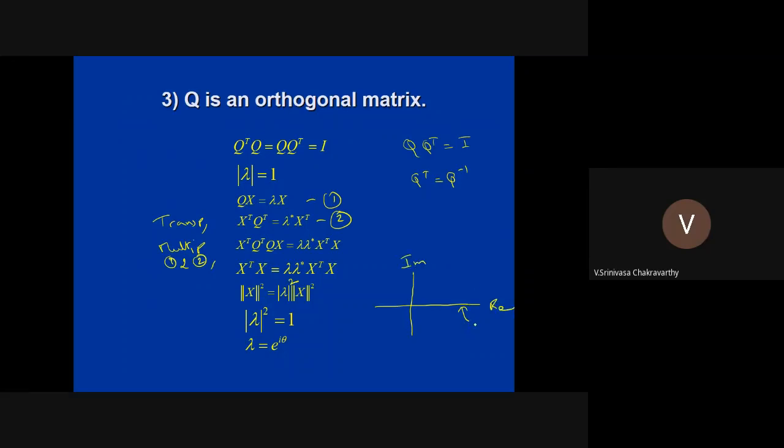Eigenvalues are on the real axis for a symmetric matrix. Eigenvalues are on the imaginary axis for a skew symmetric or a skew Hermitian matrix. And eigenvalues are on the unit circle for an orthogonal matrix. So that's how the three eigenvalues are related.